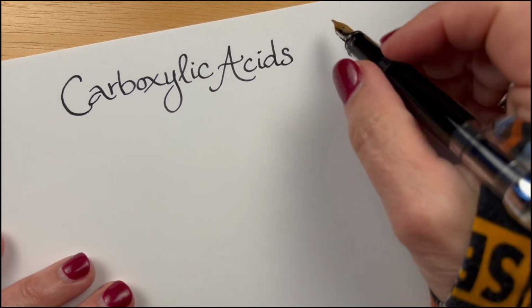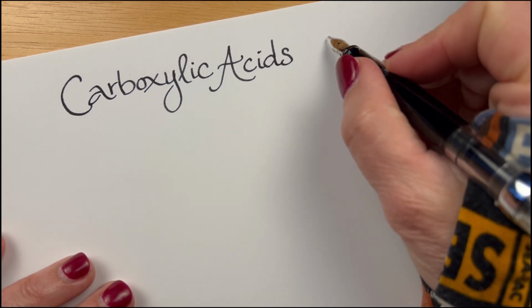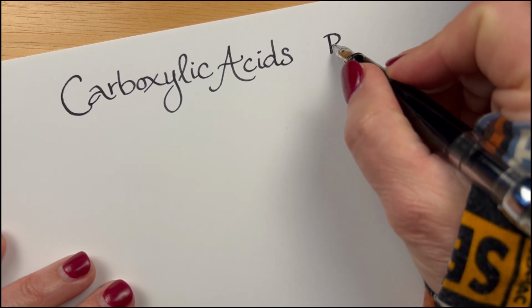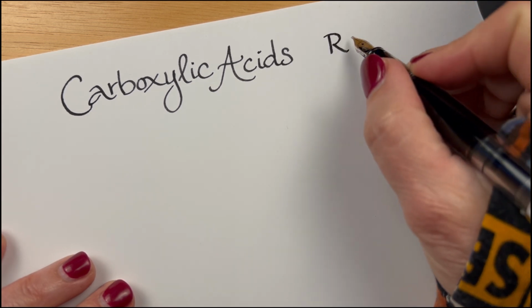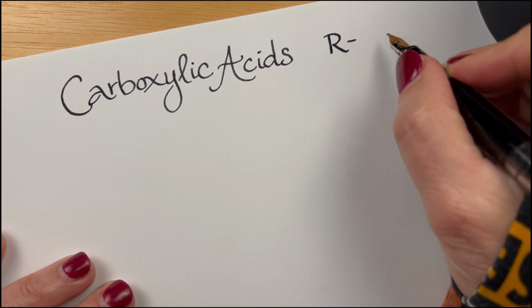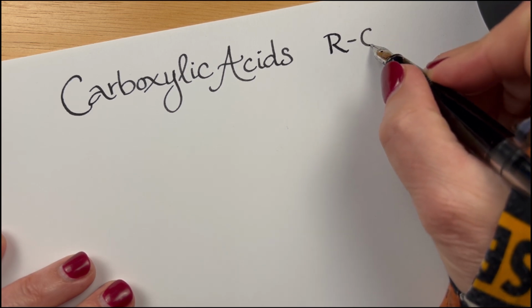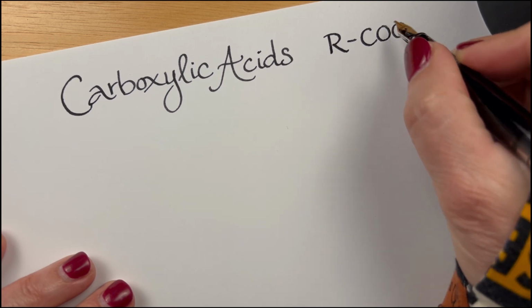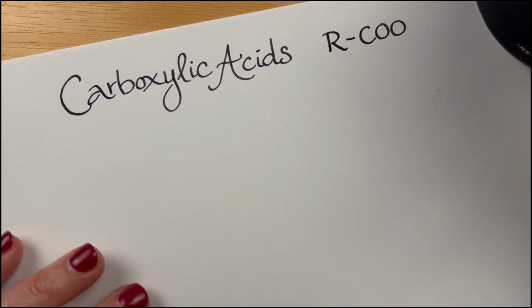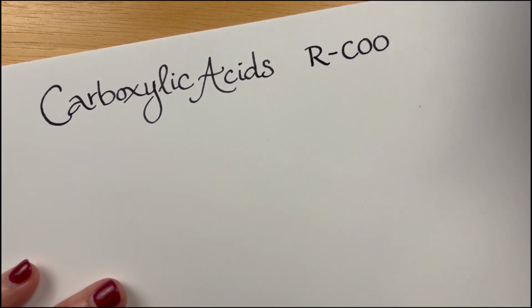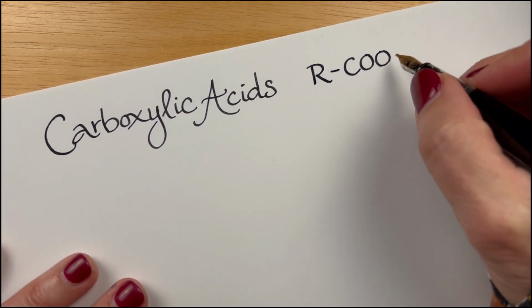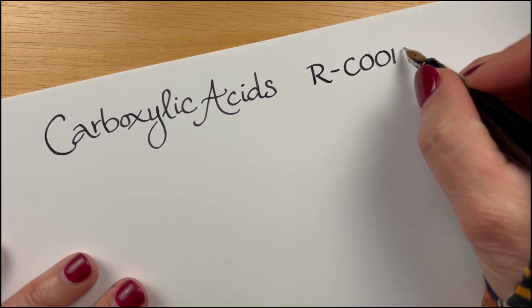That could be anything. It could be a hydrogen. It could be some more carbon-based structures. So a common way to write out carboxylic acids is to write it out like so.